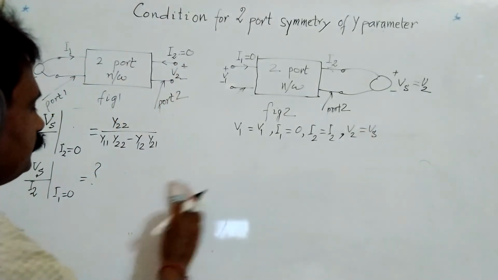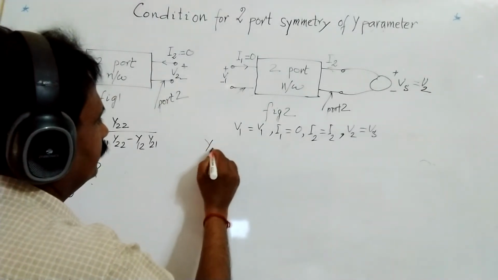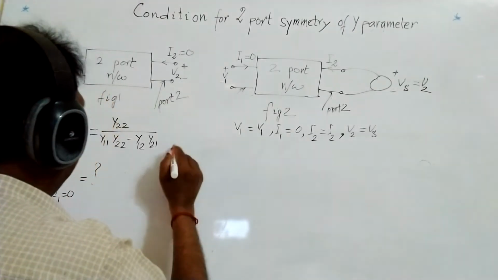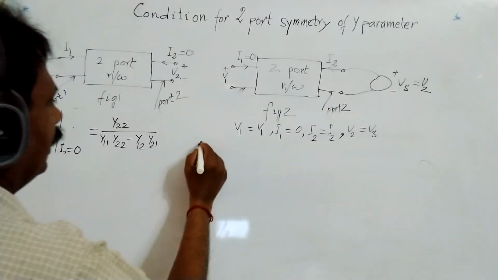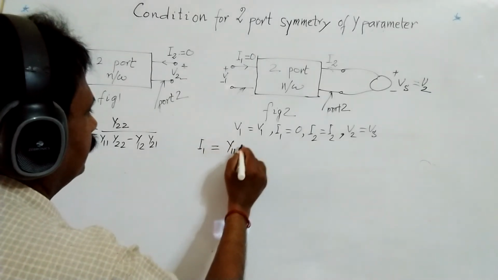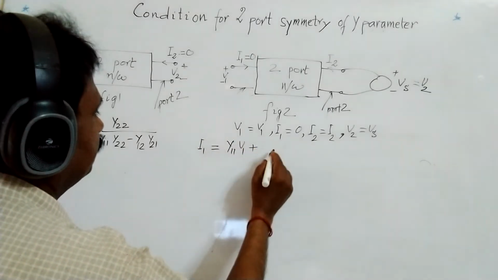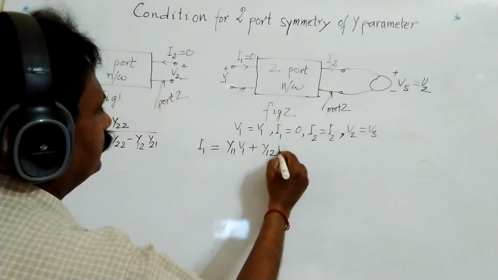Now, what was the standard equation? First standard equation was I1 equal to y11 into V1 plus y12 into V2.